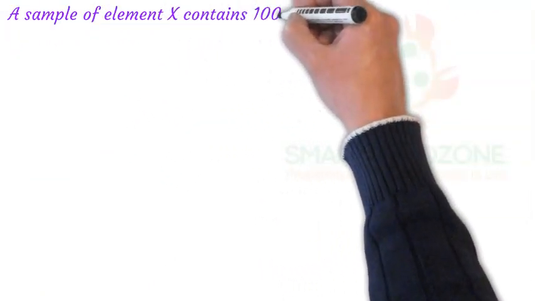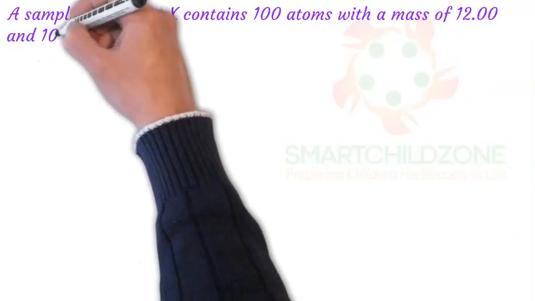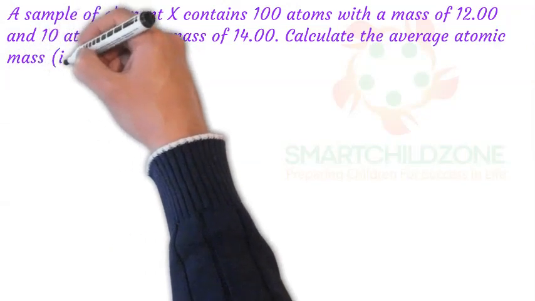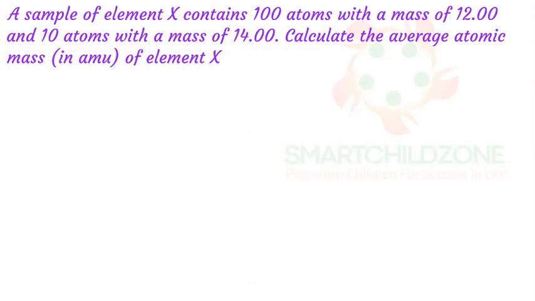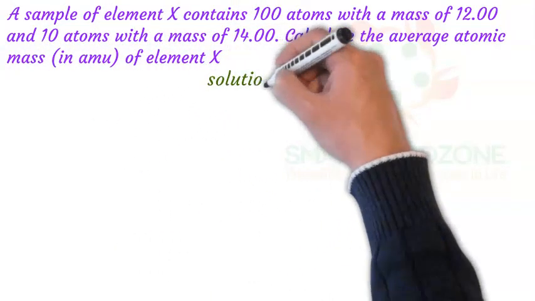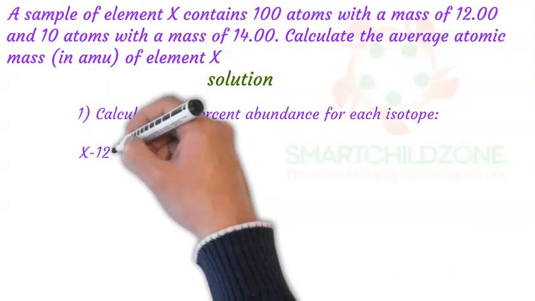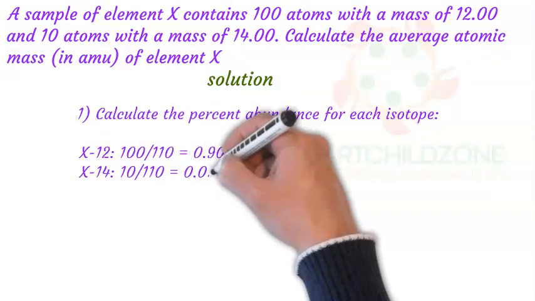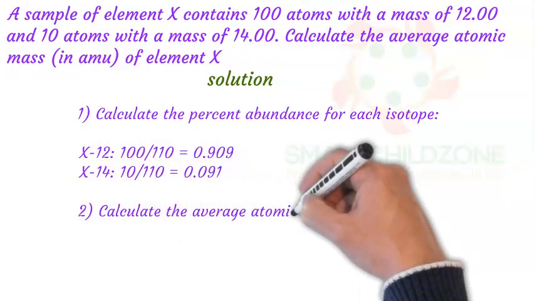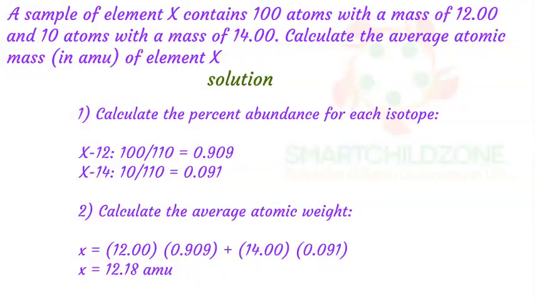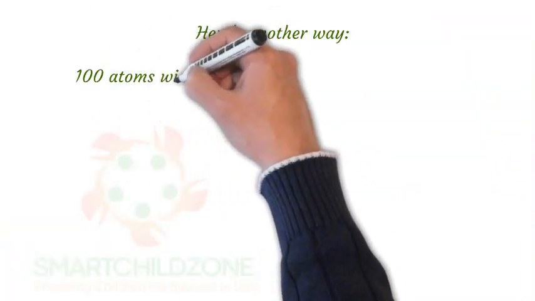A sample of element X contained 100 atoms with a mass of 12.00, and 10 atoms with a mass of 14.00. Calculate the average atomic mass of element X. Here's another way we can solve this.